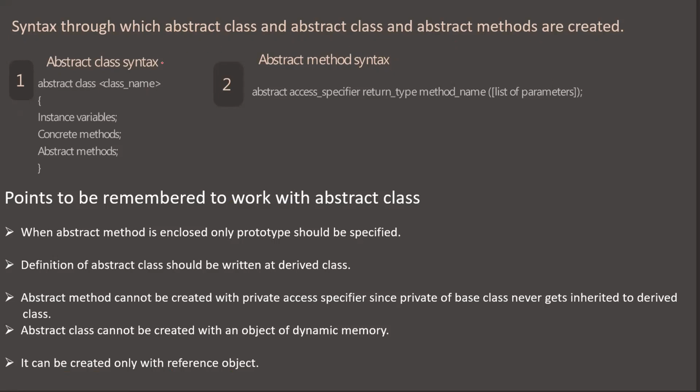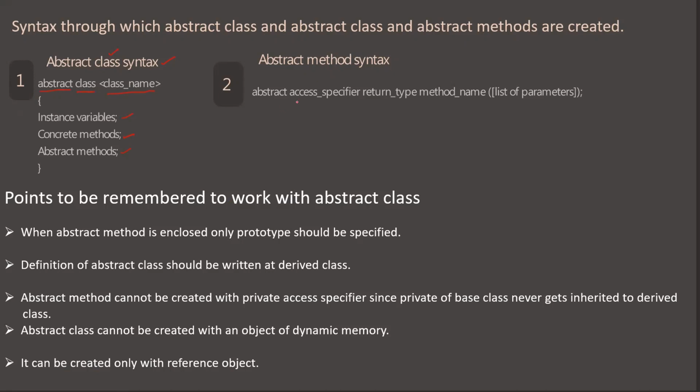This is the syntax for an abstract class, where you use the abstract keyword with class and a class name. In that abstract class, you can include instance variables, constructors, concrete methods, abstract methods, and static and general instance variables. Everything is possible in an abstract class. And you have a method.